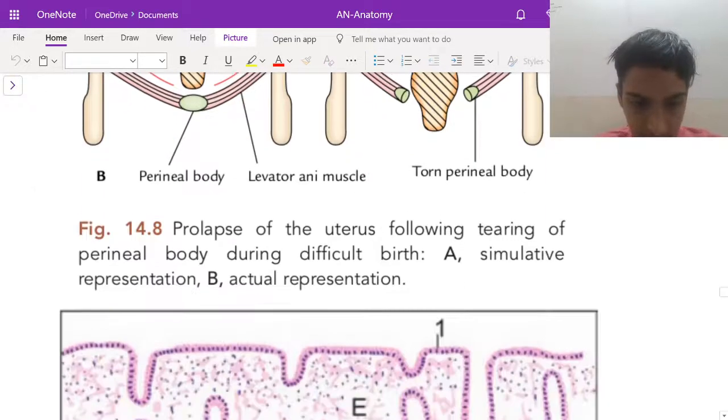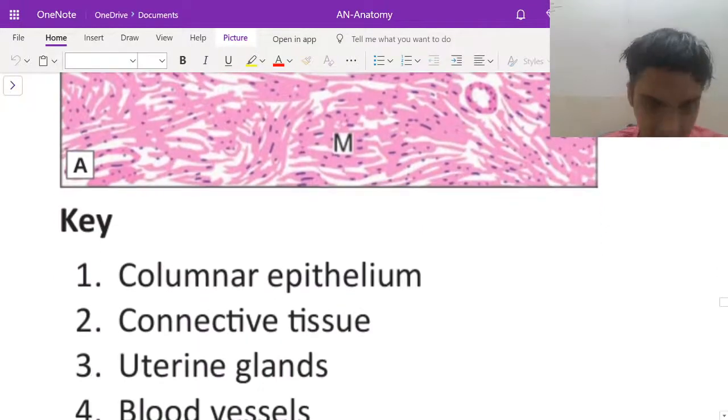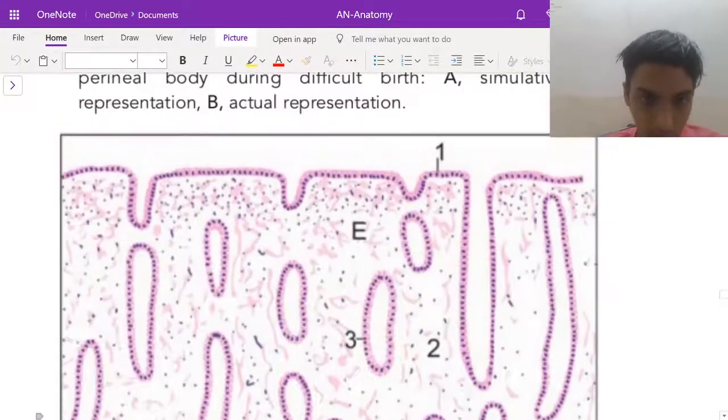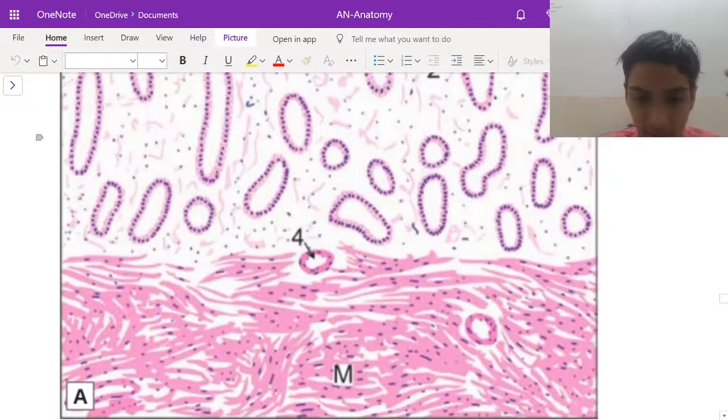We can see that. Now the histology, this is at the maturation phase. Then we have the proliferative phase. In the maturative phase, we have the tall columnar epithelium. Yes, we have the tall columnar epithelium here. This is the endometrium, the myometrium, muscle. Please remember, myo means muscle.